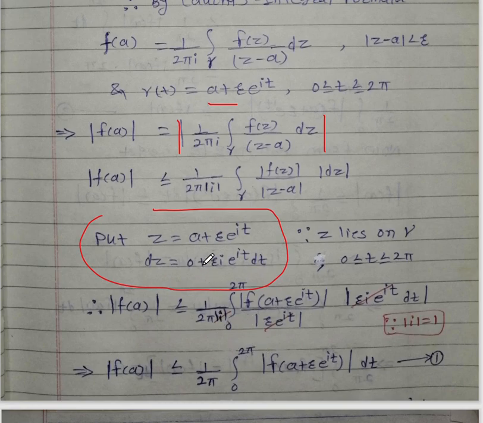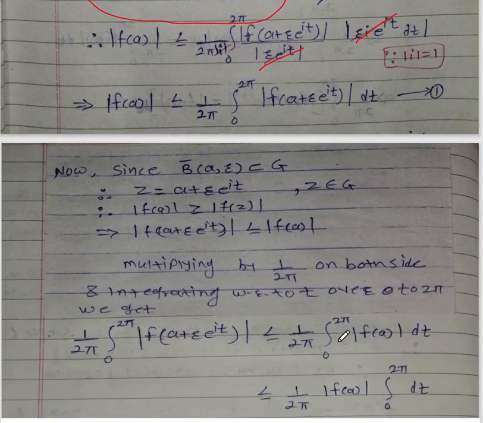Z minus a means a plus r e raised to power i t minus a, so a will get cancelled. Only mod r e raised to power i t remains, into dz. Dz means r i e raised to power i t dt. So here in mod r i e raised to power i t dt, the r i e raised to power i t will get cancelled. So what is the next step?